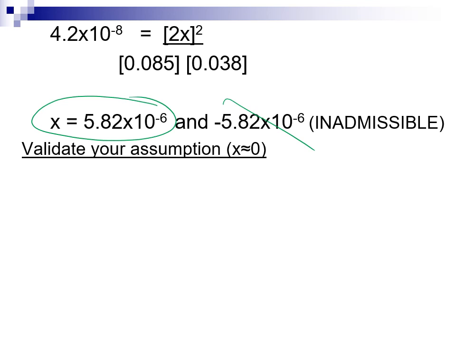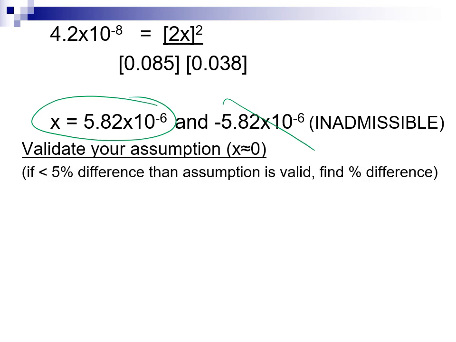So we can validate this, and again, you probably don't need to do this formally, but let's walk through the steps for it. Is x that small? So essentially, often our measurements are going to be off by maybe a percentage or up to 5% anyways, and so there's no point in doing a lot of math that is going to be more precise than our measurements are anyways.